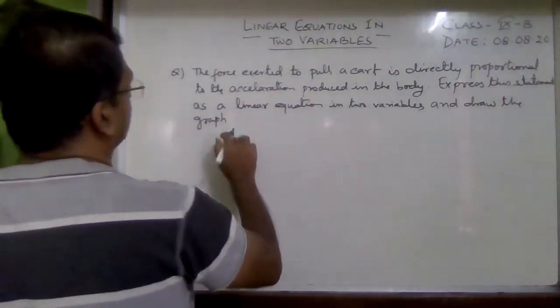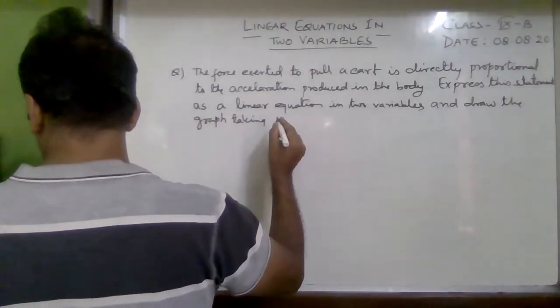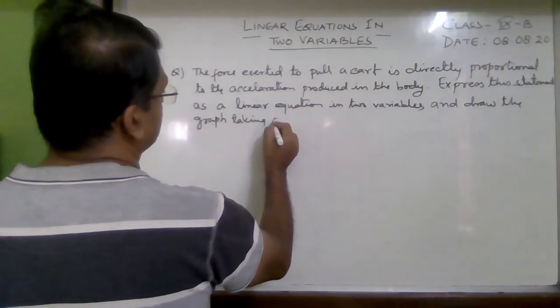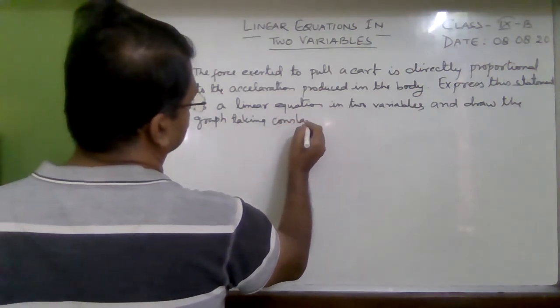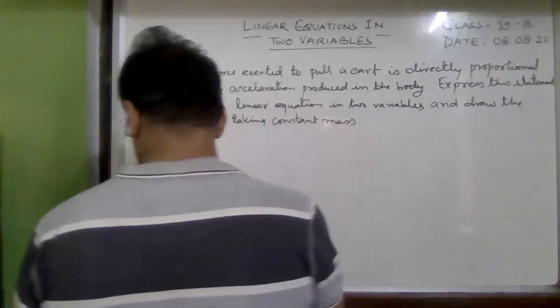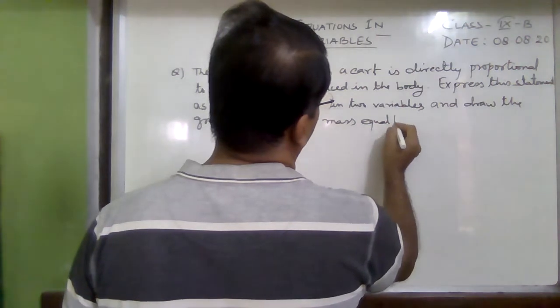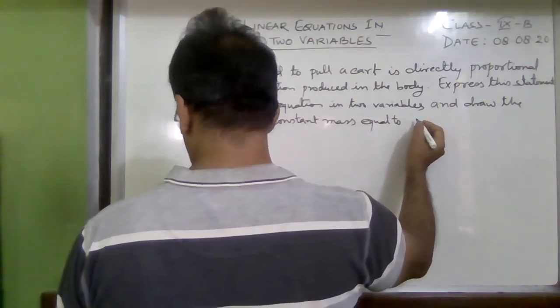Draw the graph taking constant mass equal to 6 kg.